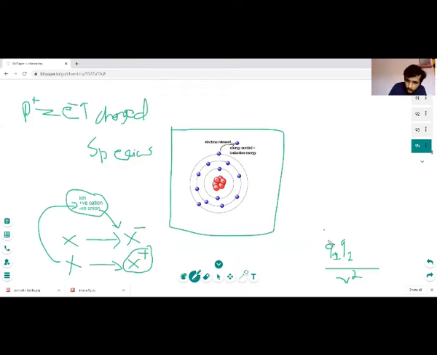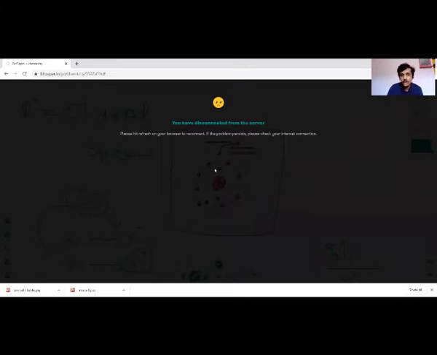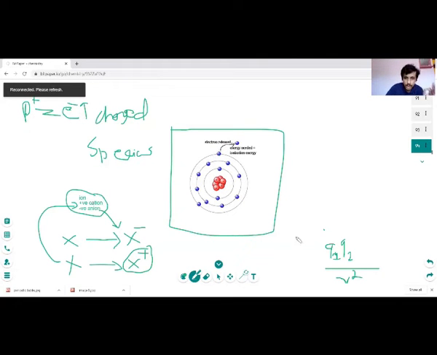So to remove the electron from here, we have to overcome this particular energy, so we have to apply some energy. The energy which is applied to remove the outermost electron, generally in a standard definition, from a gaseous atom, that energy is known as ionization potential or ionization energy.